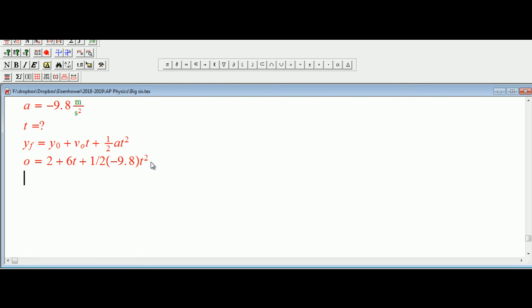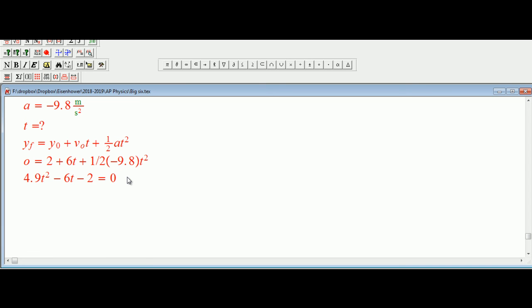So what I'm going to do is take this piece right here that's highlighted, negative 4.9, and when it crosses the bridge, it becomes 4.9 t squared minus 6t minus 2 equals 0. Whenever you solve a quadratic, everything goes left, set it equal to 0.